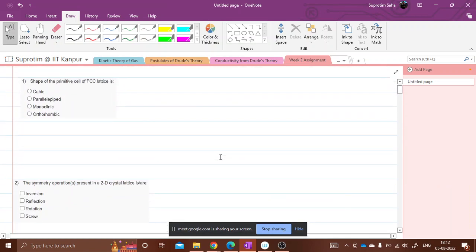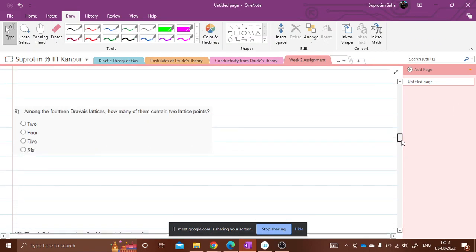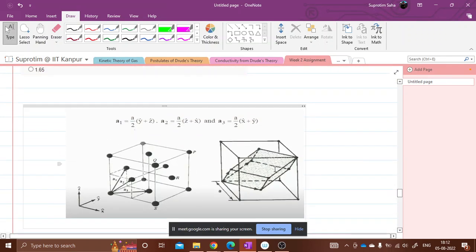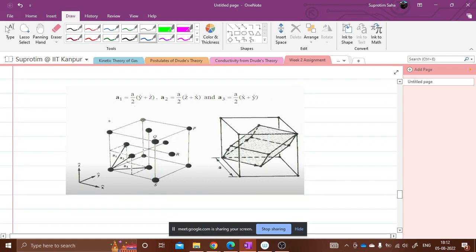So the first question that was asked is the shape of the primitive cell of the FCC lattice. All right. So the FCC lattice that we have is like this. So this is your FCC lattice, right?